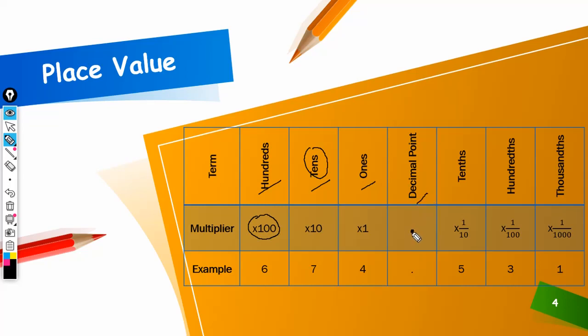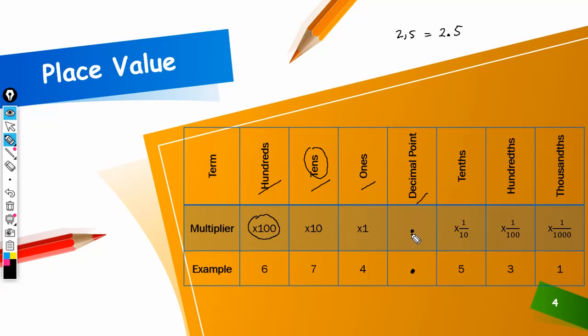So in English we use a decimal point to express a decimal, which is very different from Indonesia, where we usually use a comma, so for example 2,5, but in English we say 2.5. So we use a point to express decimal.